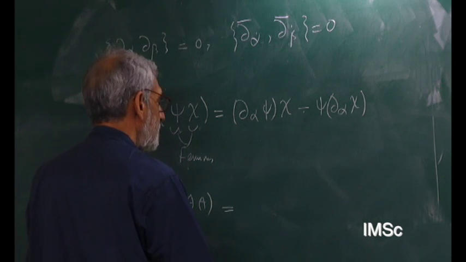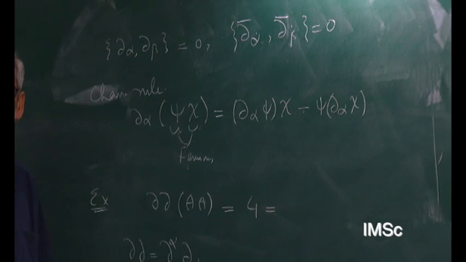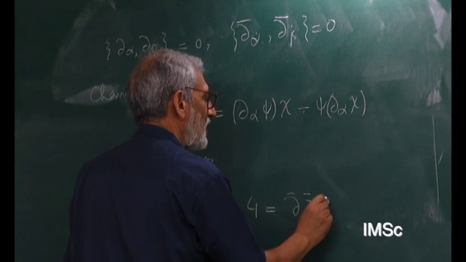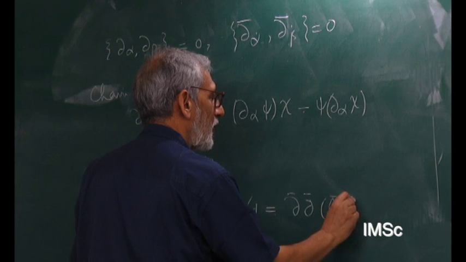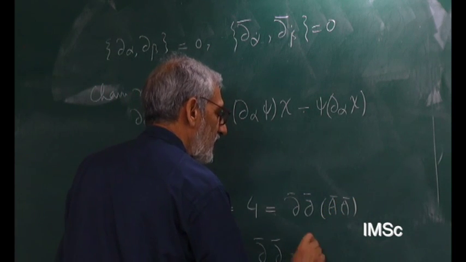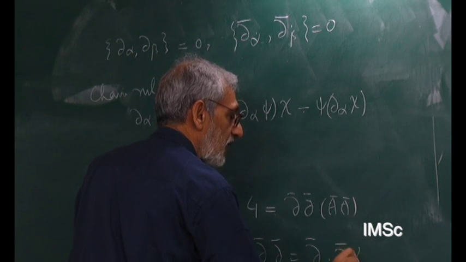Calculate this and find out this is simply 4. Or do d bar on theta bar, where d bar is the shorthand for d bar alpha dot down, d bar alpha dot up.